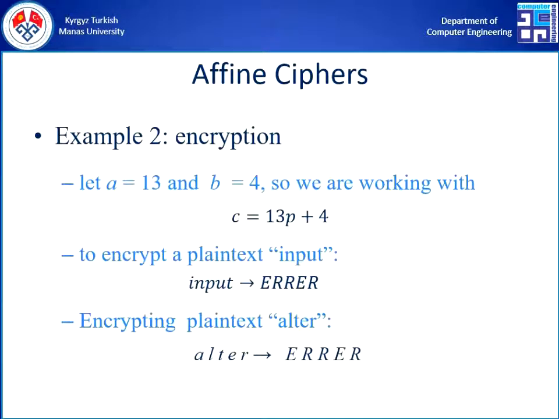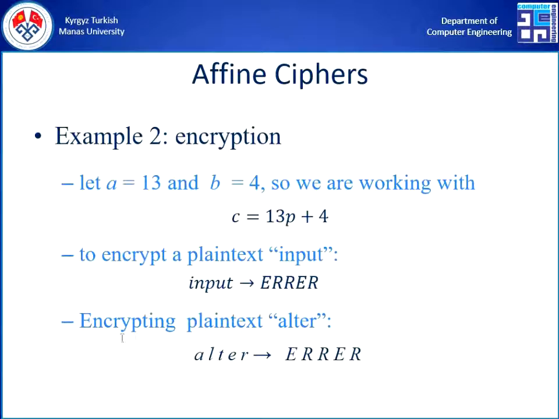Let us consider another example. This time we choose a to be equal to 13 and b to be equal to 4. So we are working with the key 13 and 4. Our ciphertext is going to be equal to 13 multiplied by the plaintext plus 4 modulo 26. If we encrypt the plaintext input, we obtain the word ERRER.